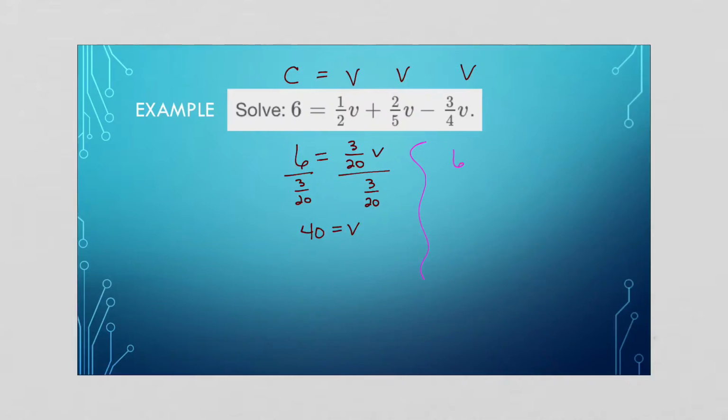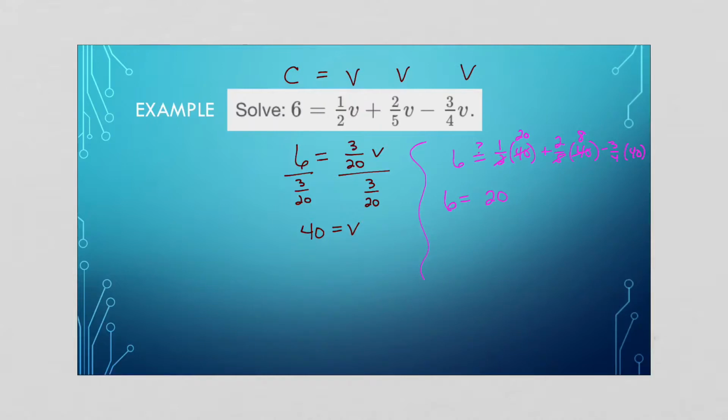I would do 6 is hopefully equal to 1/2 of 40 plus 2/5 of 40 minus 3/4 of 40. And this one, because all of these denominators go into 40 evenly, is actually pretty easy to do without a calculator. So 2 will go into 40 20 times, and so I got 20 there. 5 will go into 40 8 times.